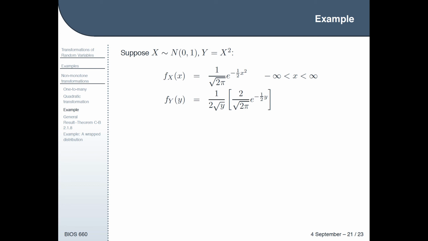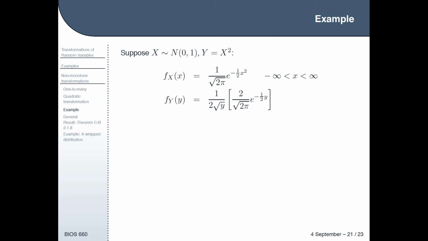So plugging this into the formula from the previous slide, it would be 1 over 2 times the square root of y times the density of the standard normal evaluated at the square root of y plus the density of the standard normal evaluated at minus the square root of y.